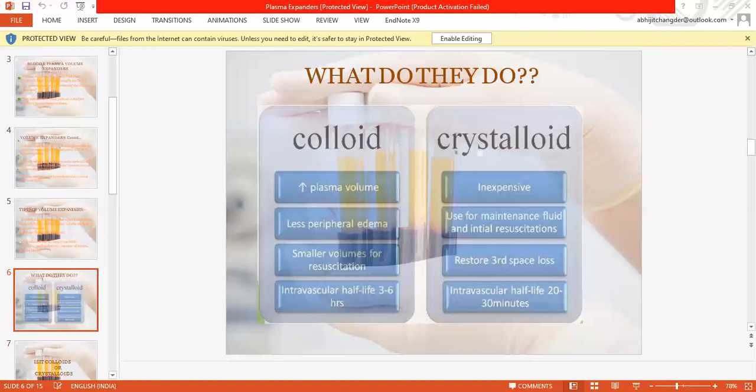Apart from burns, hypovolemia, shock, etc., it has been used in acute hypoproteinemia, acute liver failure, and dialysis.